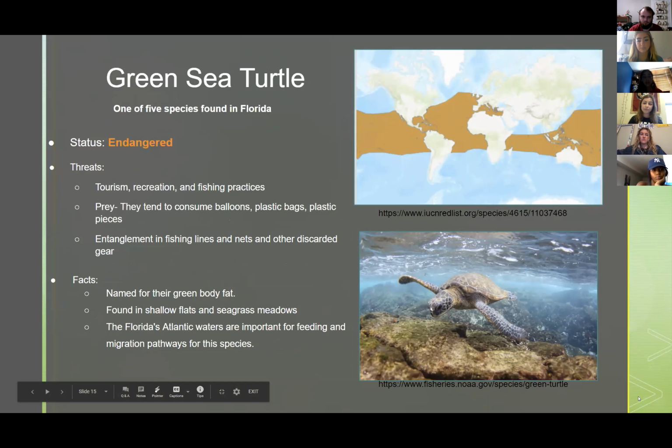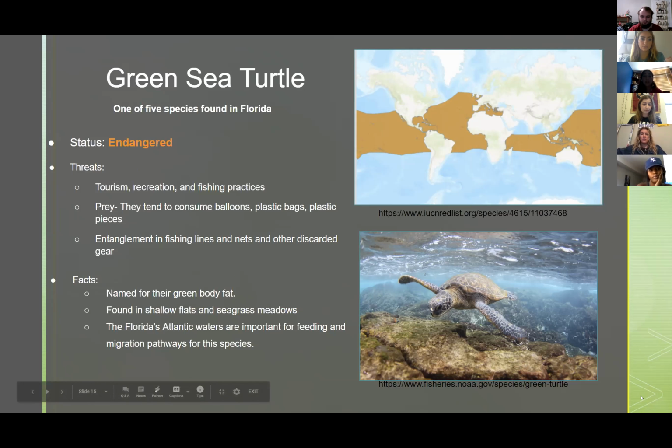The green sea turtle is endangered. Some of the threats this species has are tourism, recreation, and fishing practices. They also tend to consume balloons, plastic bags or plastic pieces. They are also highly affected by fishing lines and nets or other discarded gear.